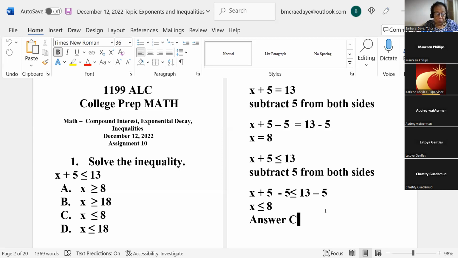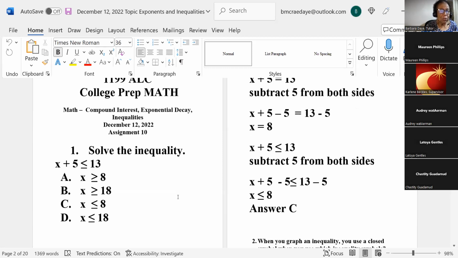Okay, now if you understand how we solve for variables in equations, where things are equal, apply that same thing when you have an inequality sign: less than or equal, greater than or equal, greater than, less than, any of those. You do the same operation. All right, just remember that. Same operation.